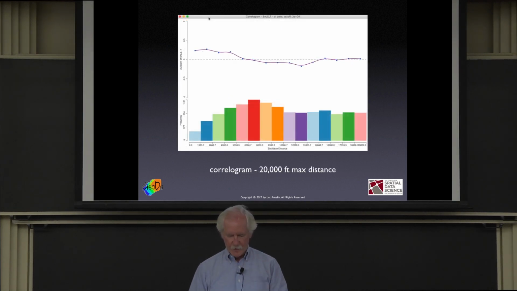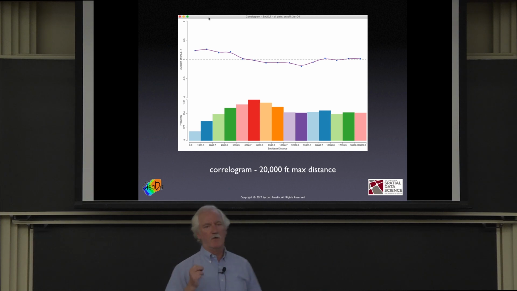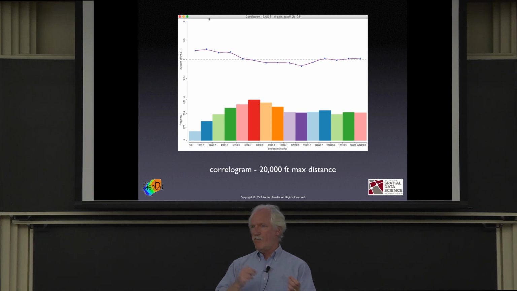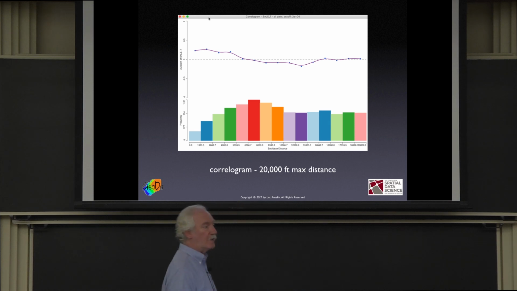So this is an example of, as you shorten the distance, it's easier to see the shape of the curve. What is the most important aspect here? It's not so much the magnitude of the correlation, which is really the focus in Moran's I and Geary's C, but it is the range of the correlation.